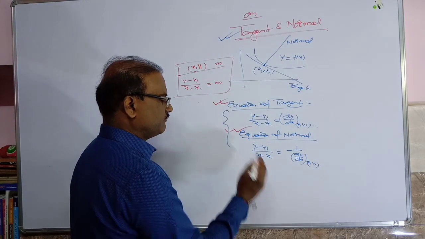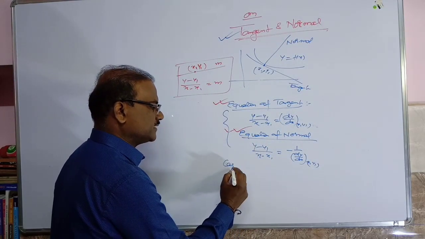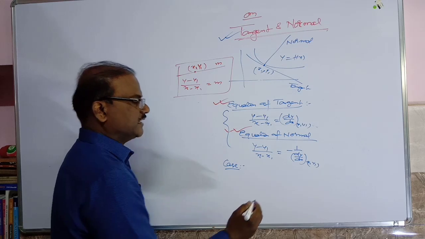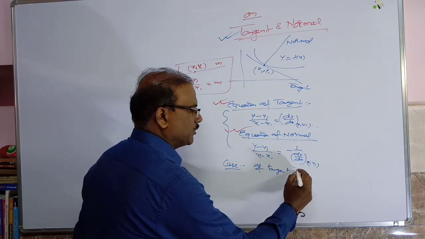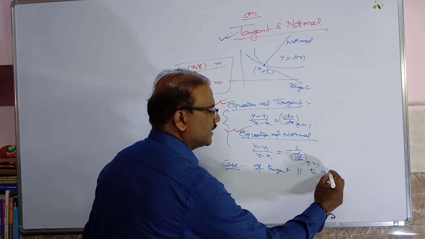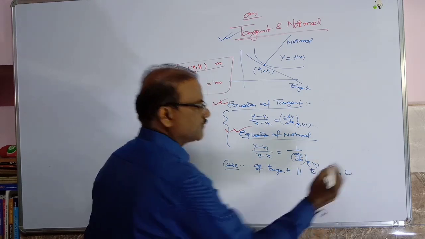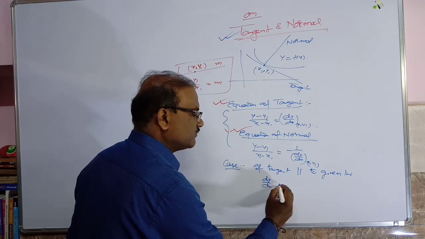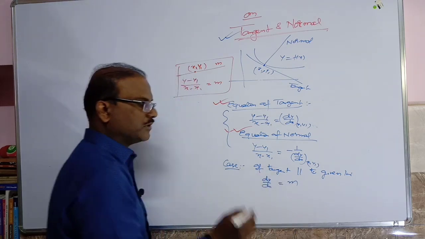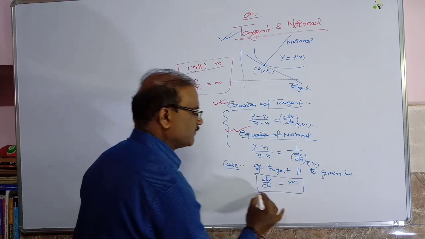After this we will find some cases. What is that? Case one: if the tangent is parallel to a given line, suppose any given line, we must set dy by dx of that curve equal to the slope of the given line.